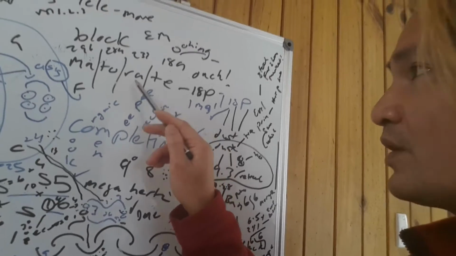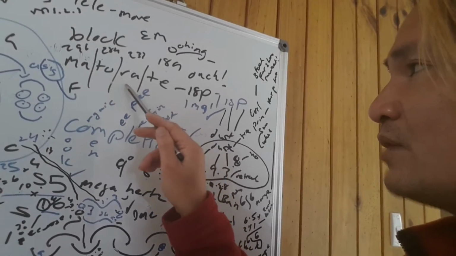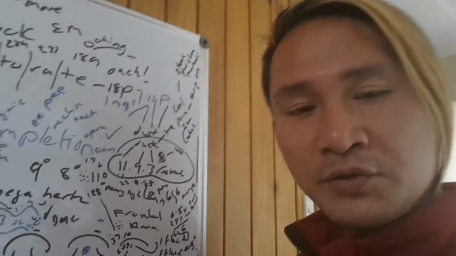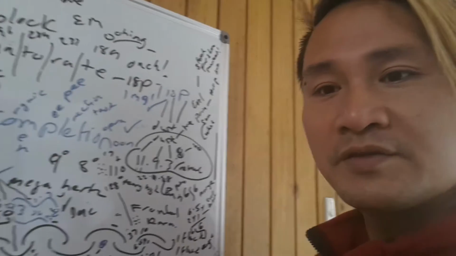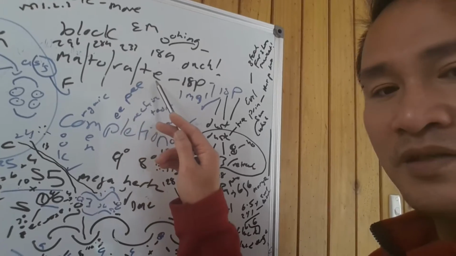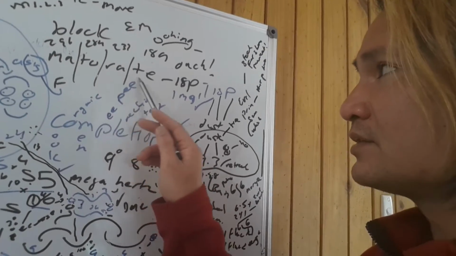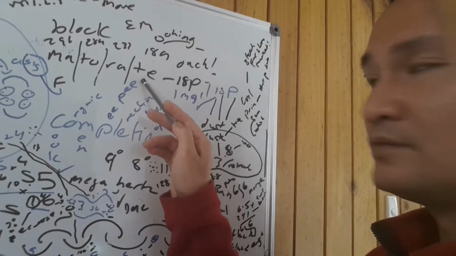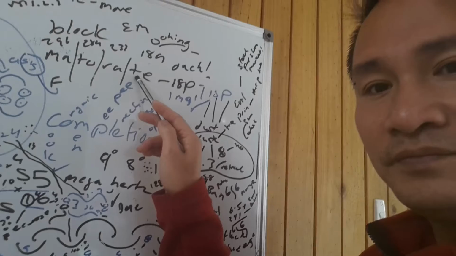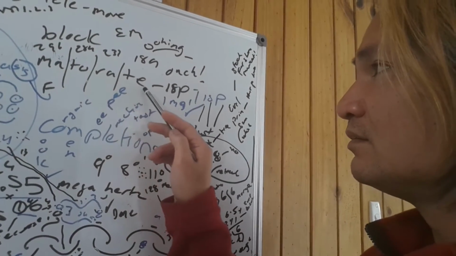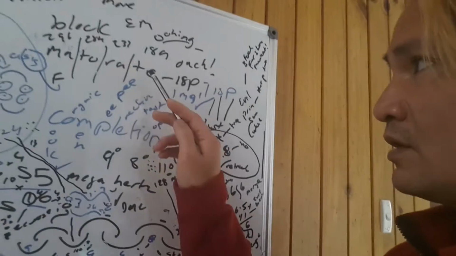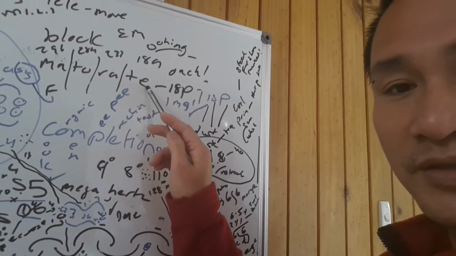How do you go like that to pronounce rate? Rat, R-A-T, and T one E. So if there's not another E here, you can pronounce that as T.